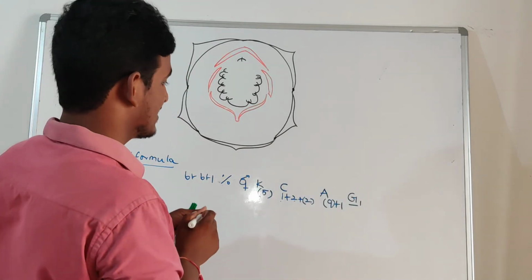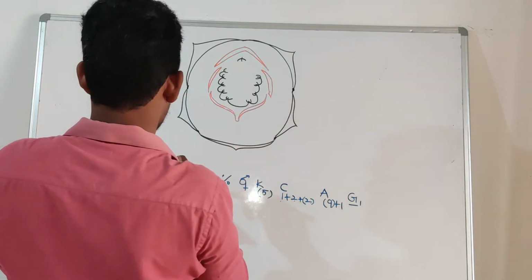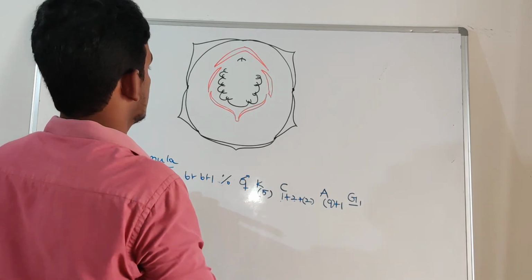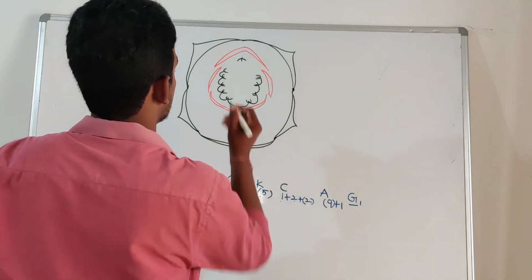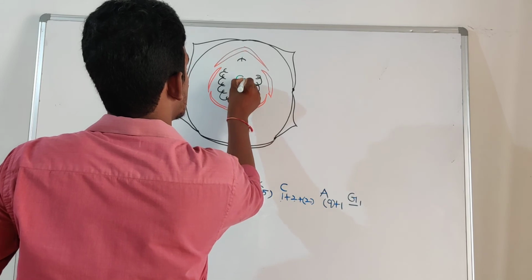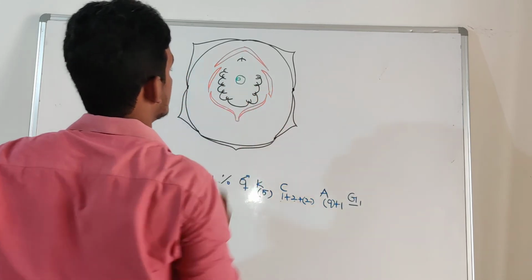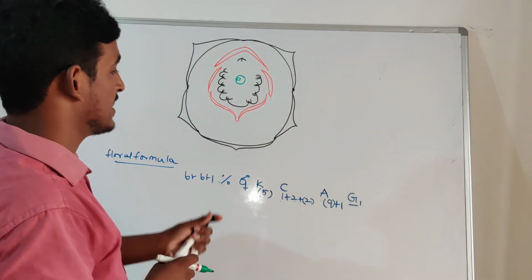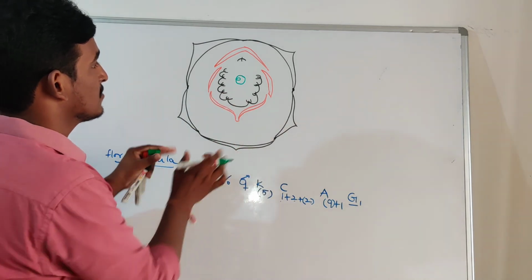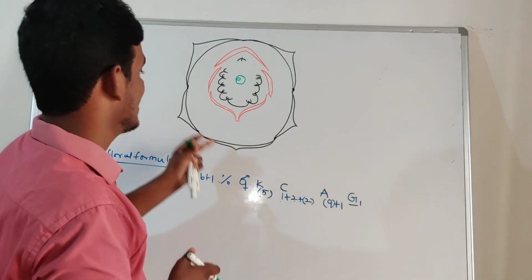Later about the gynoecium. Right? So it is a unicarpellary gynoecium. So it is about the floral diagram.